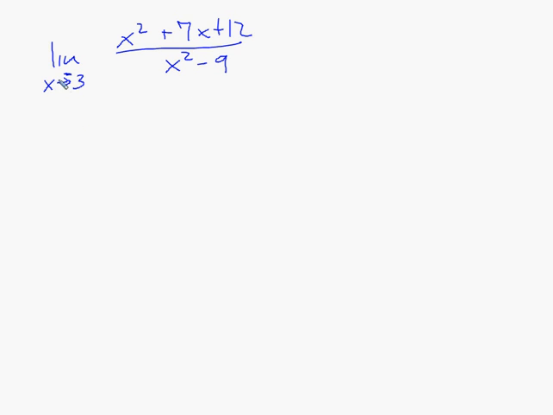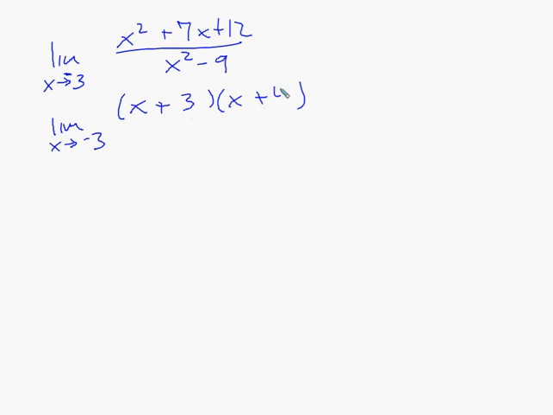We do have a problem here. If we put in this negative 3, I get a 9, and then 9 minus 9, 0. So remember what we did when we talked about removable discontinuities. We can try to factor and see if we can get something to cancel. We're hoping that we can get an x minus 3 or an x plus 3 to cancel.